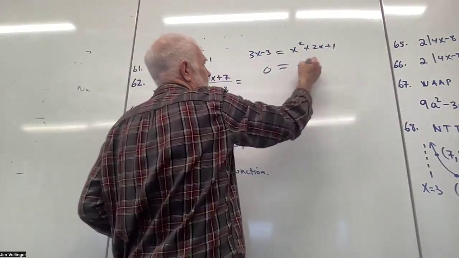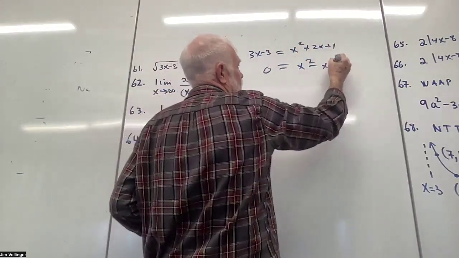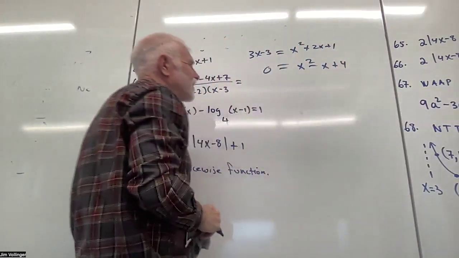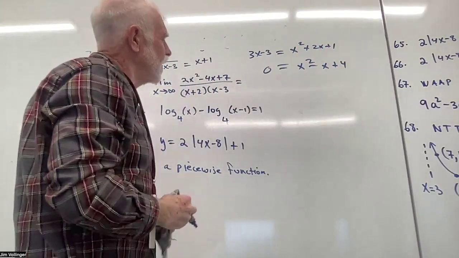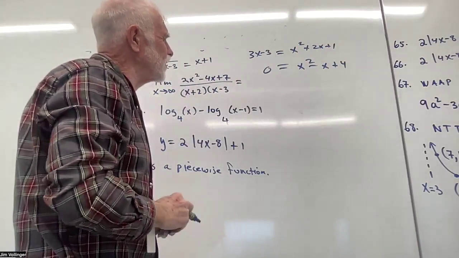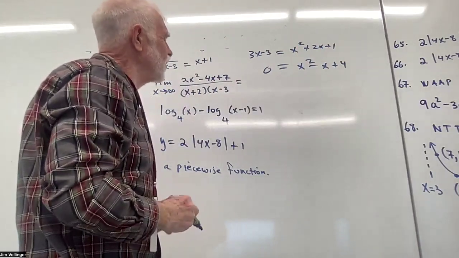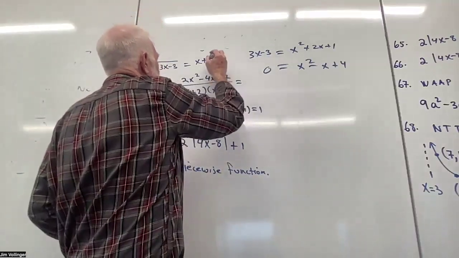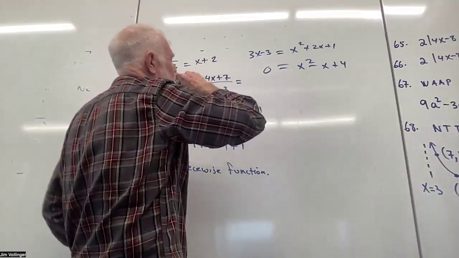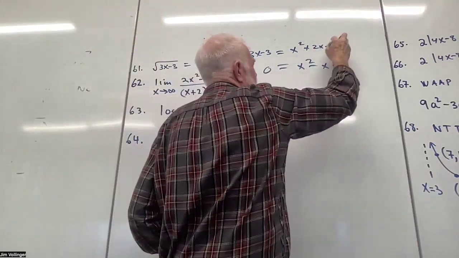So 0 equals x squared minus x plus 4. Did I do that again? Adding 3 to 1. I usually try to give you an integer answer here. So let me doctor this up so I get something that's nice. Let's make this a 2, so that's going to make that a 4.